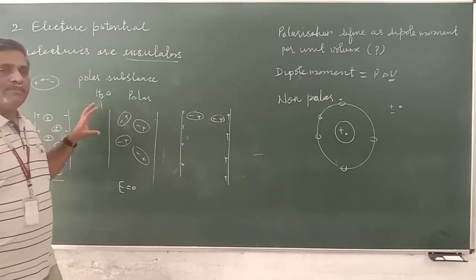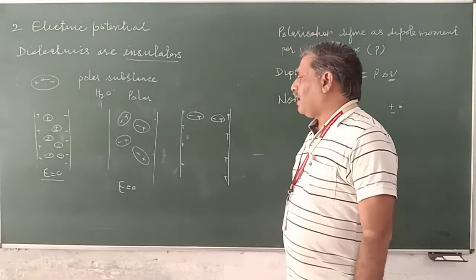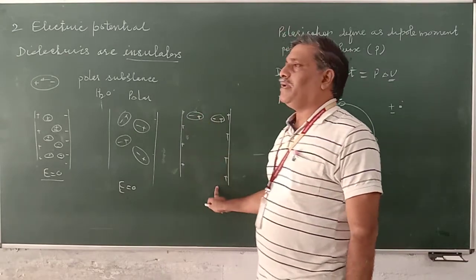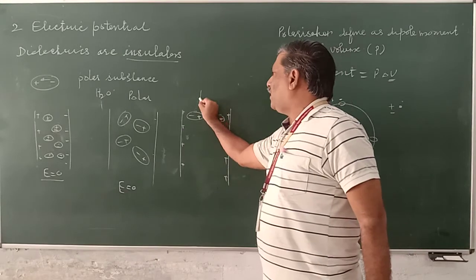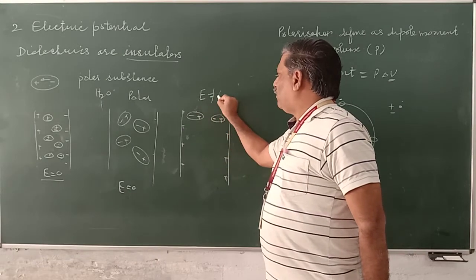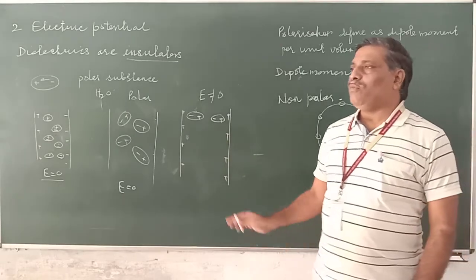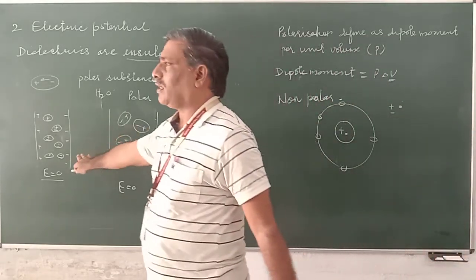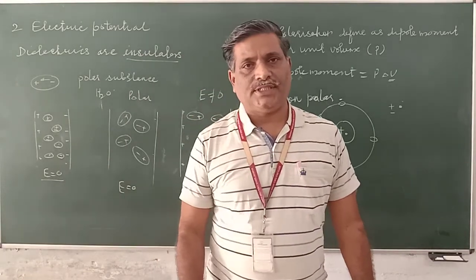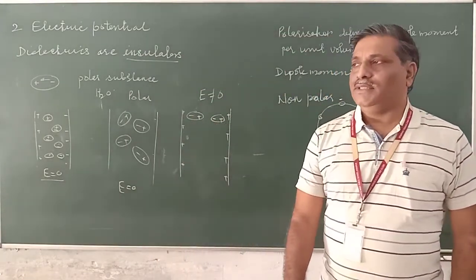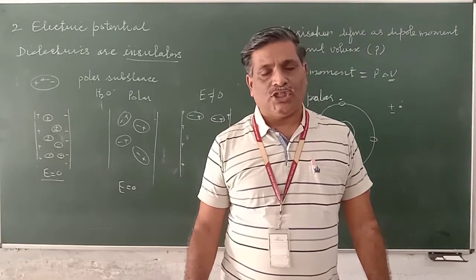So they align themselves, the dipole moments align themselves with the field, and there is a net dipole moment in case of polar when a slight field is applied. But this is not the case for non-polar substances. These are the effects of electric field.